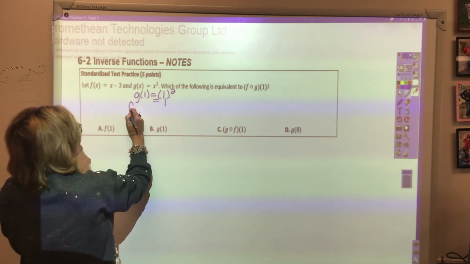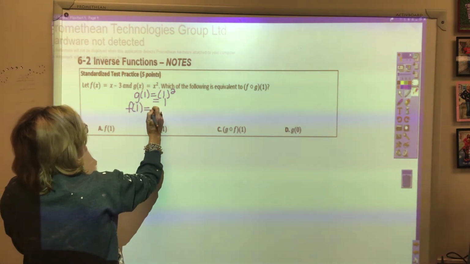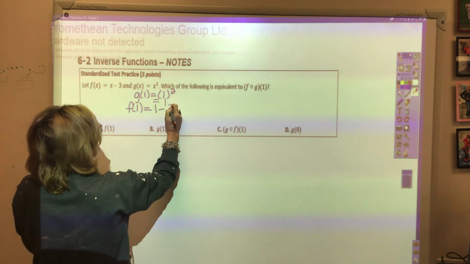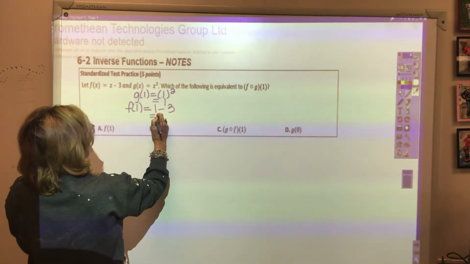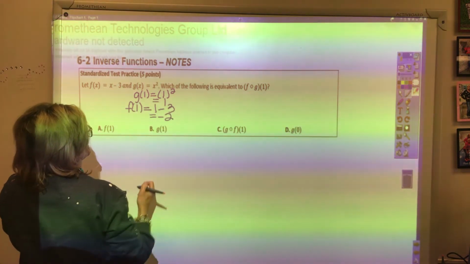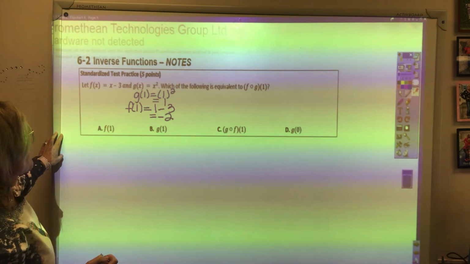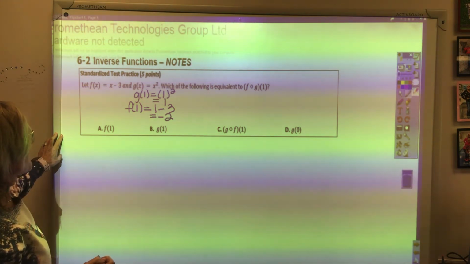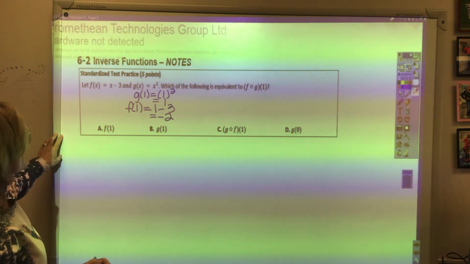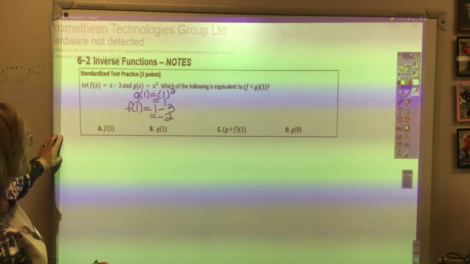Then we take f of 1, which would equal 1 minus 3 equals negative 2. And then we want to figure out which one of those is equivalent to f of g of 1.